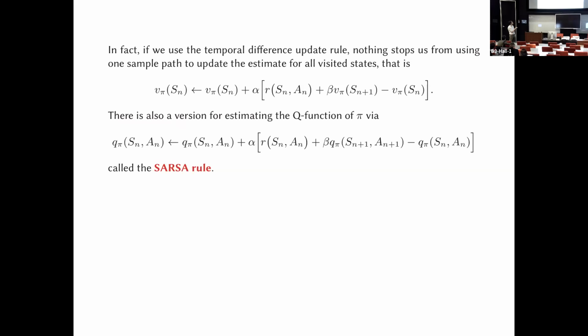And then since you've sampled the entire path, you know that in the next time step, you will be in Sn+1, and you already know your action. So you can use that as an estimate. And this is what is really used, not the V version, but the Q version. And this is what we call SARSA. Why is it called SARSA? Because it says so. We need current state, current action, reward, next state, next action, SARSA.